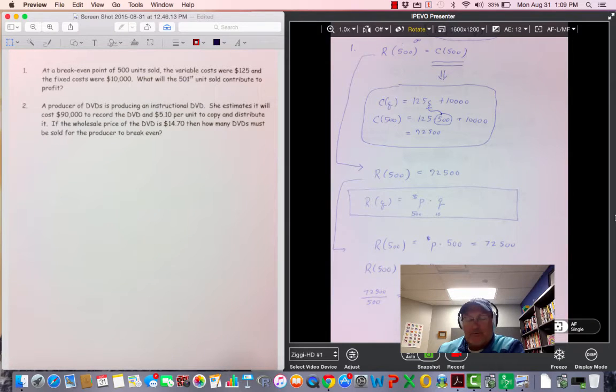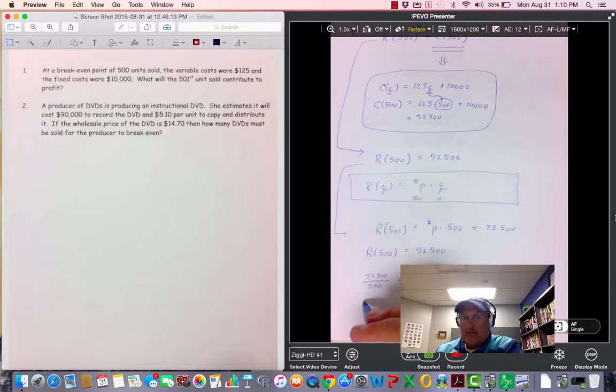If I got a total 72,500 over 500 quantity, I can find the price at which those are sold just by simply division. So I'm going to divide the 72,500 divided by 500, and I get 145. So guys, that's the price at which the product is sold.